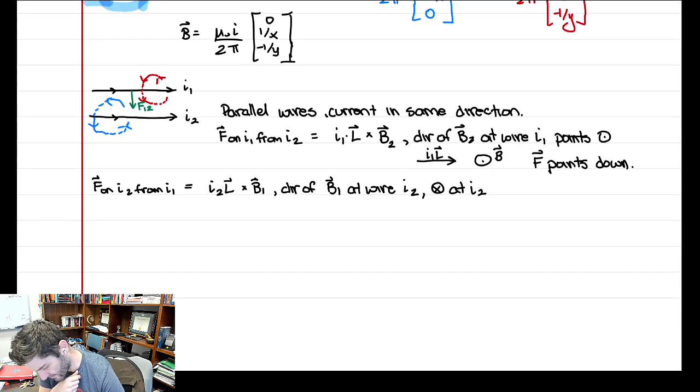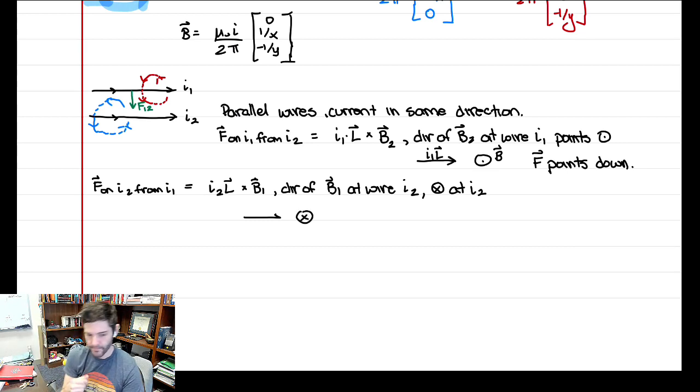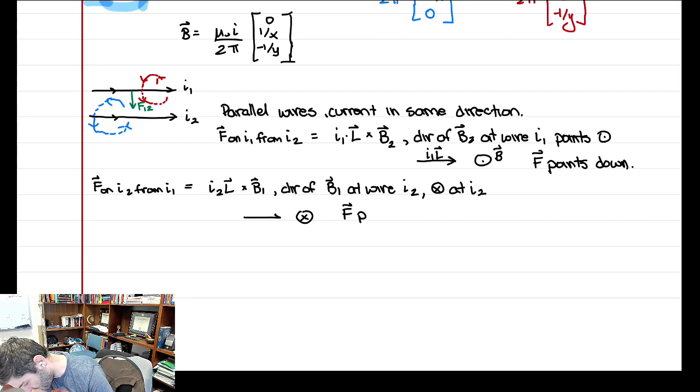So then for the bottom wire, the current is moving to the right, the magnetic field is going into the page. For the cross product, fingers point along I, curl towards the direction of B, my thumb points up. F points up. And it looks like I have two arrows pointing towards one another, F to 1.